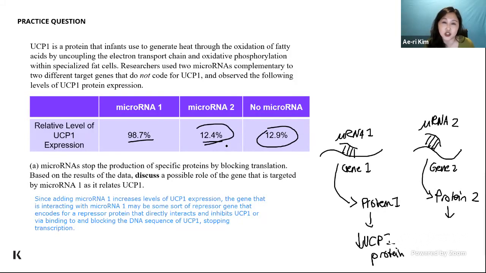Our microRNA 2 is targeting a gene that doesn't really do anything. So focus on the data, the way these numbers are arranged, and hone in on exactly the changes being made here. In terms of somebody asking about some of the terms, I would say something like repressor or inhibitor will be necessary so that you can see the differences in this. Okay, well done, team, well done.